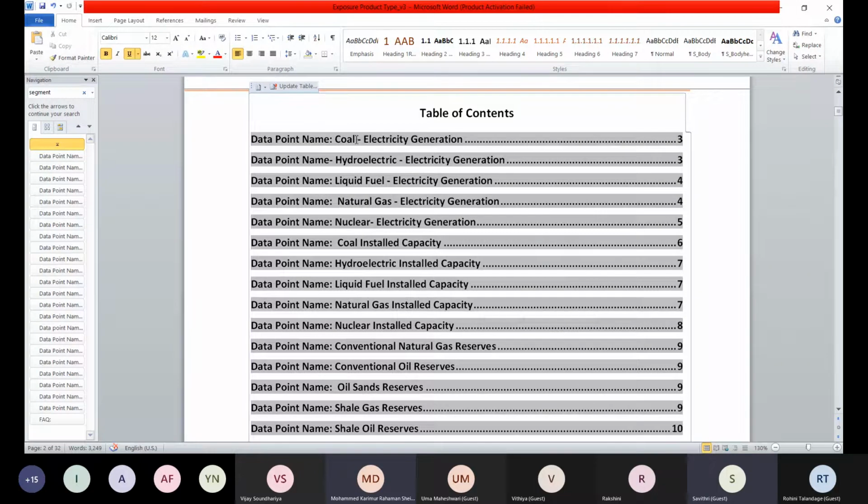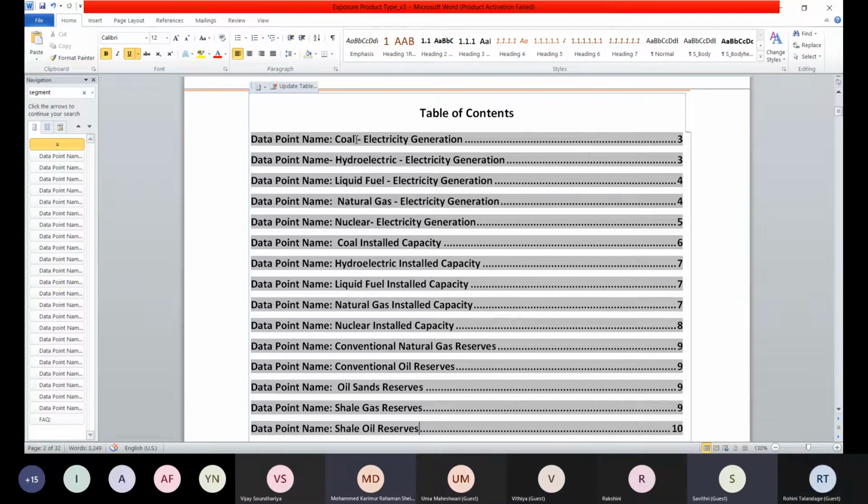Does anyone know what is electricity generation? Yes, sir, based on water flow and things like that, they'll be creating electricity. Yes, exactly.